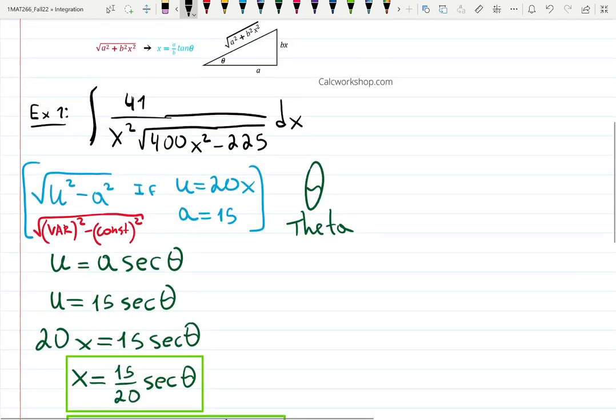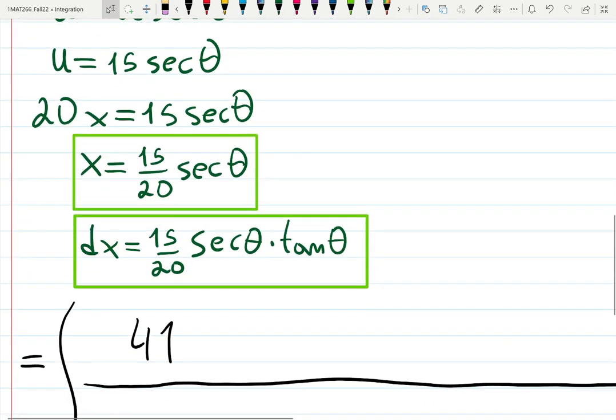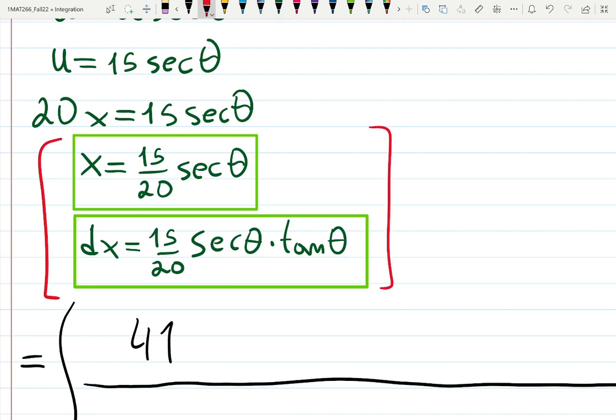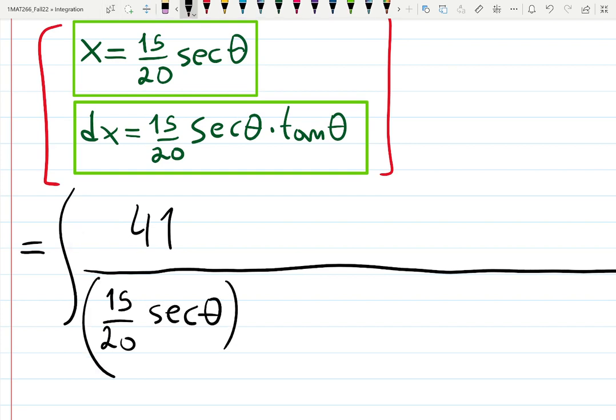That was simple. X squared. We're looking only in this u substitution, which is not u here. It's kind of theta substitution table. Since we have x, we know it's going to be x squared. It's going to be 15 over 20 secant theta squared. That's my x squared.